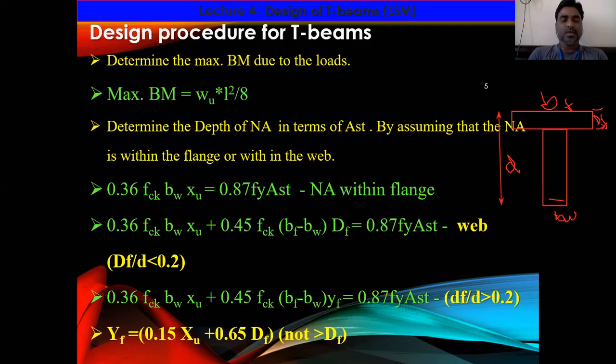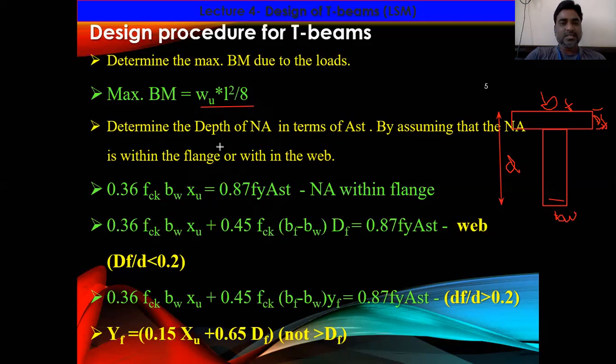So Wu we already determined based upon the loads coming onto the beam, and L is the length of the beam, so Wu L square by 8. From this equation, you can determine the maximum bending moment.